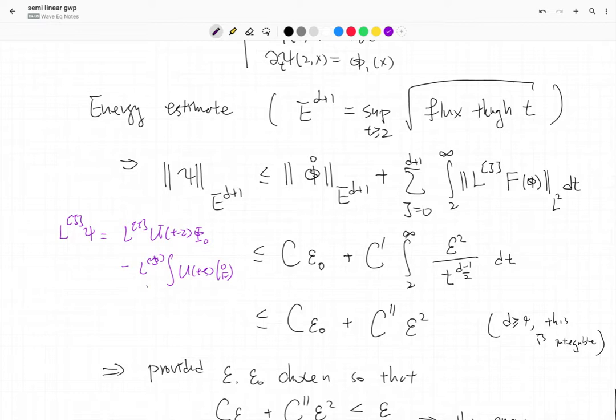So the Lj can be transferred to act on F, and taking the estimates, we have precisely this term over here. We'll take L2 in space and then the supremum in time.